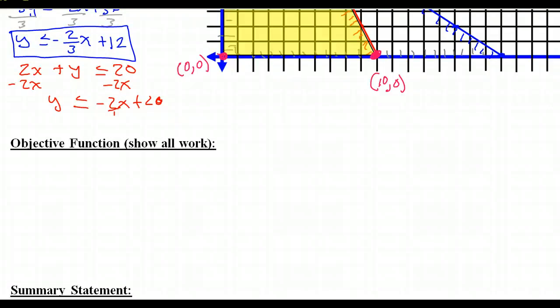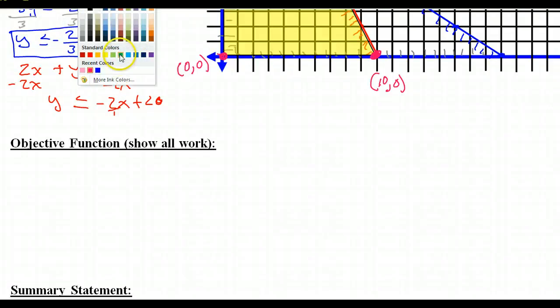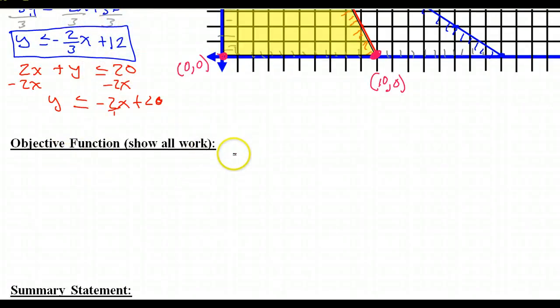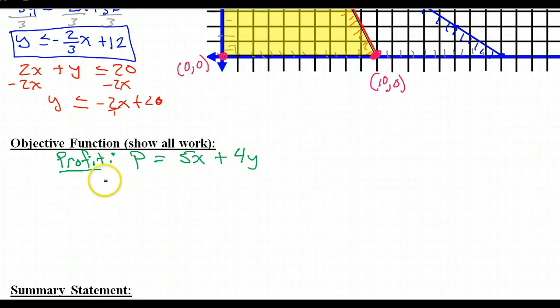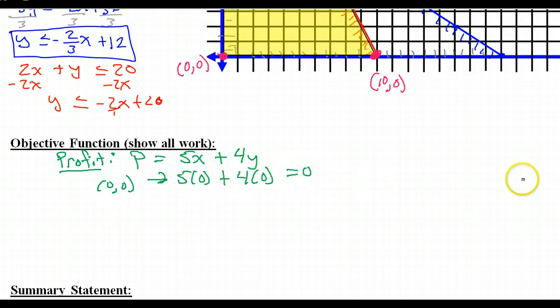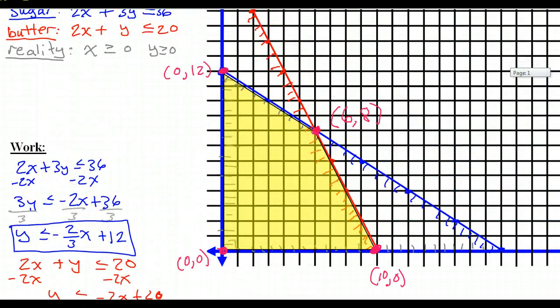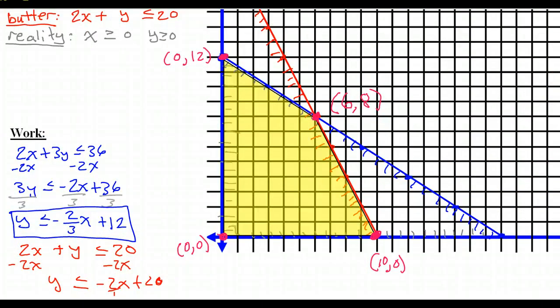So when we make our profit equation, it'll look like this. Profit equals $5x plus 4y. So we will just take our 4 points one at a time, substitute it in. So if I put in 0, 0, I get 0. I'm going around the clock, clockwise. So next 0, 12.